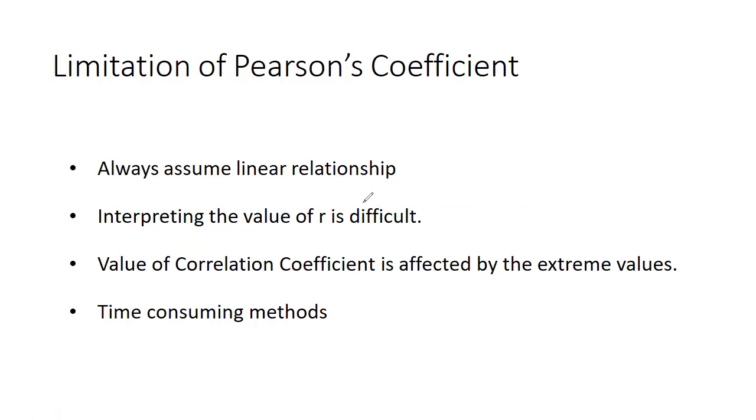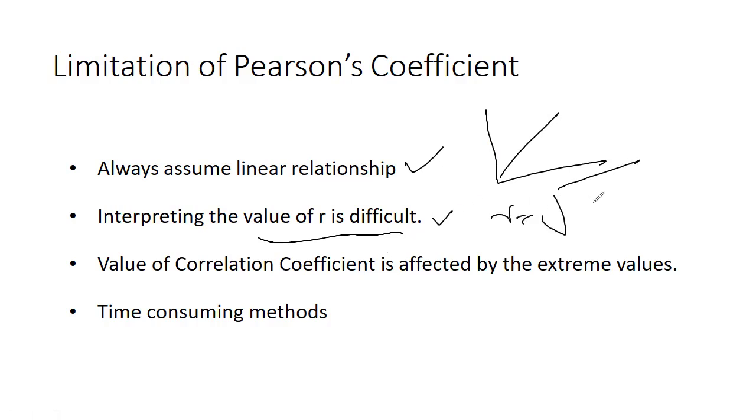Limitations of the Pearson coefficient. One is that it always assumes there should be a linear relationship between the two variables. Interpreting the value of R is difficult, because sometimes when you multiply dx and dy, R will be plus and minus.